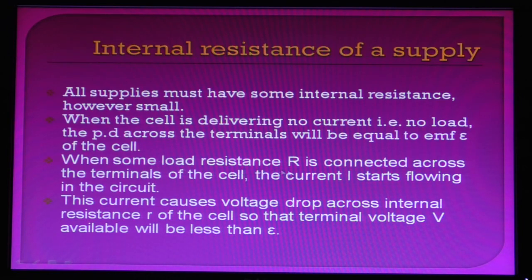When some load resistance R is connected across the terminals of the cell, the current I starts flowing in the circuit. The current causes a voltage drop across the internal resistance small r of the cell, so that the terminal voltage V available will be less than epsilon.